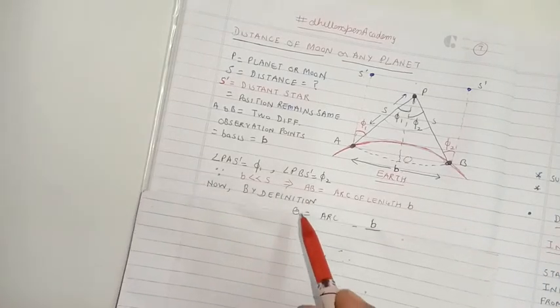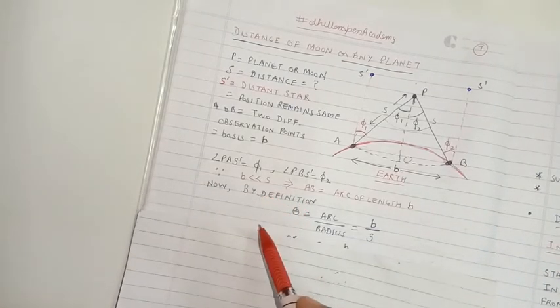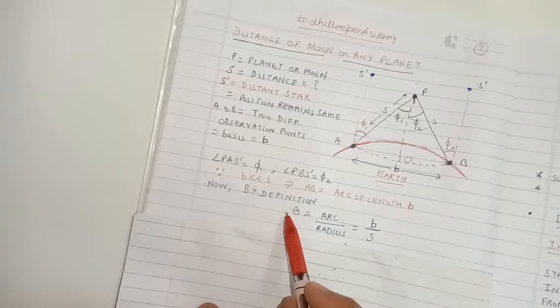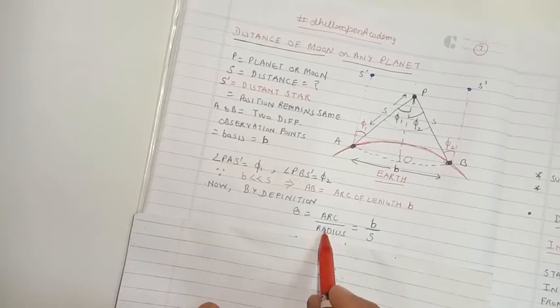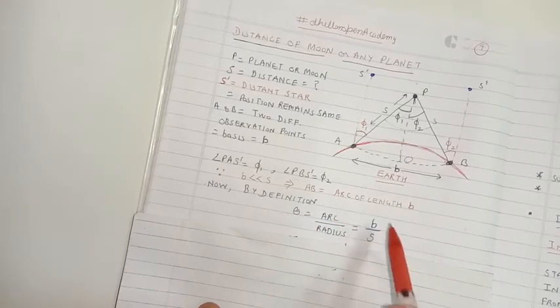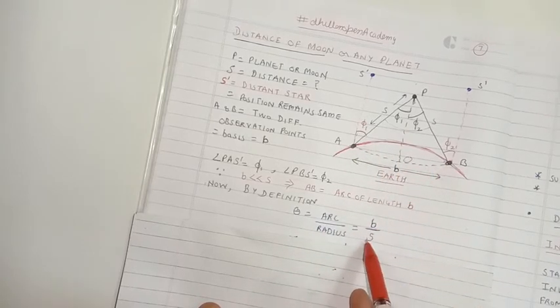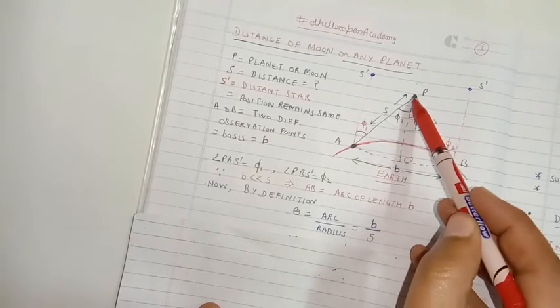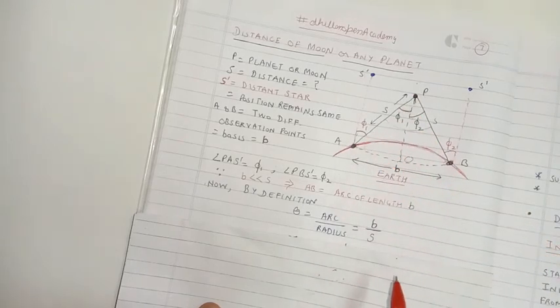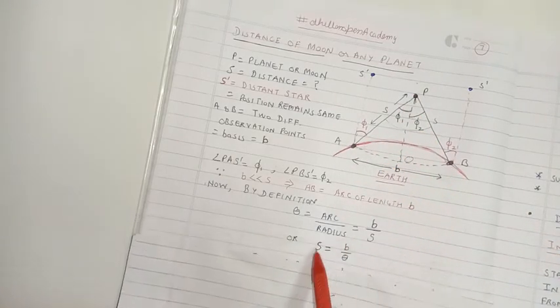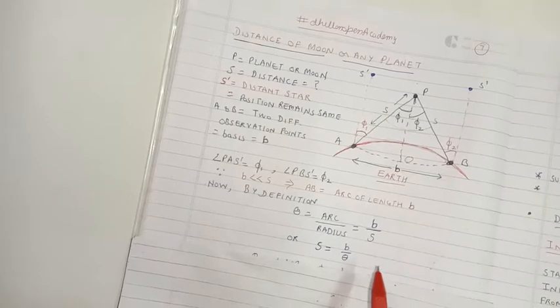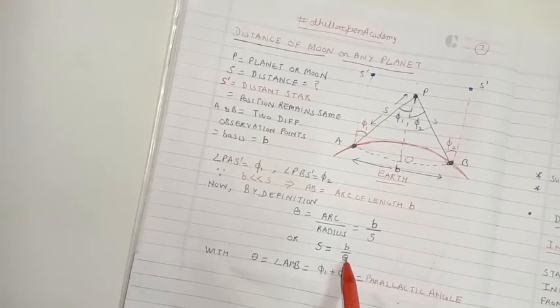So in this case, again using the definition of angle, length of arc over radius of arc, length of arc is nothing but the distance between the 2 points of observation, which is B. Radius of arc is nothing but the distance between the planet and the point of observation. So S is equal to B by theta, where theta is equal to angle APB, which is phi 1 plus phi 2, called the parallactic angle.